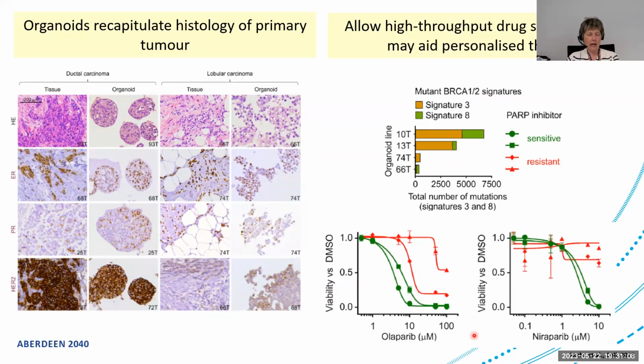Then, using 2 different PARP inhibitors, olaparib and niraparib, they were able to show that the PDOs showed the same response in terms of sensitivity. In this case, they were sensitive to olaparib, but not to niraparib. So there is potential that these organoids could be used in drug screens, and to inform personalised therapy in future.